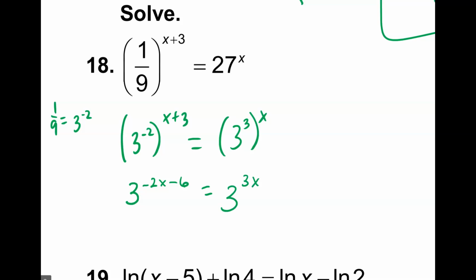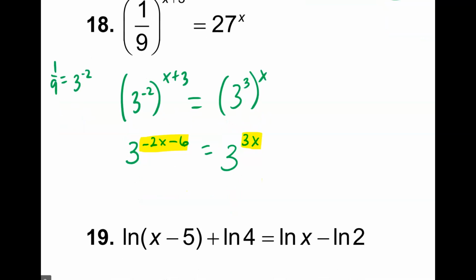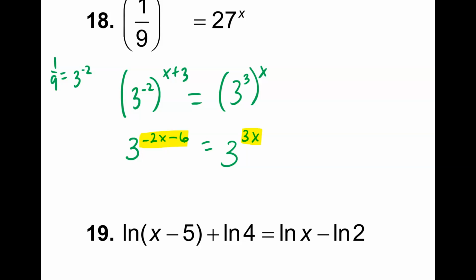And then you just set the exponents equal to each other. As long as you can pick the same base for both sides, it makes it a lot easier to do. Give myself enough room.